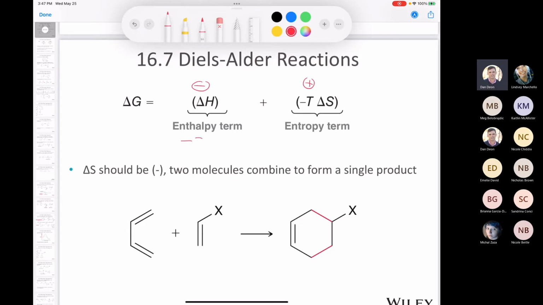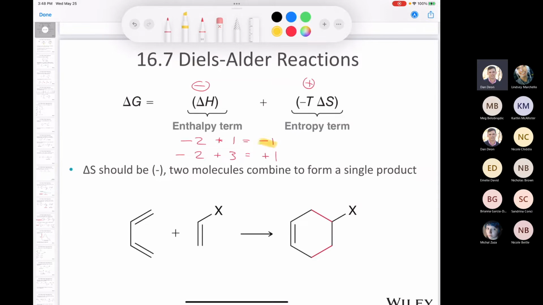If you take negative 2 and you add a small positive number, like let's say positive 1, what do you get? You get negative 1. But if you take negative 2 and you add positive 3, then you end up with plus 1. So that means that you can control whether delta G is positive or negative, right?